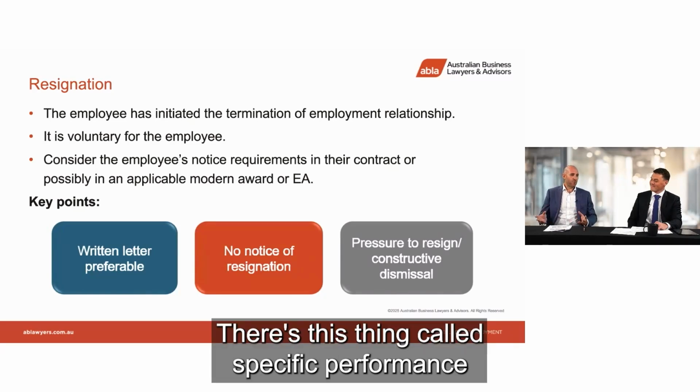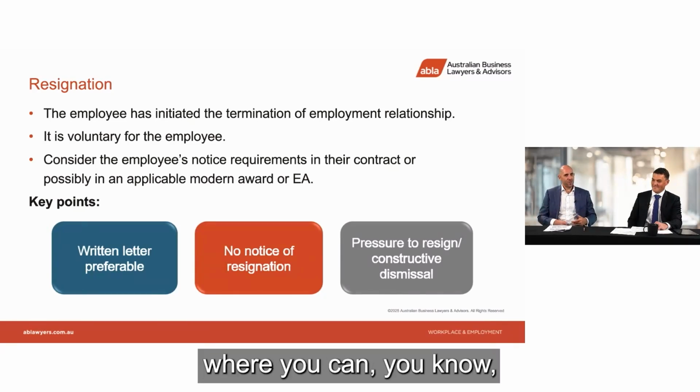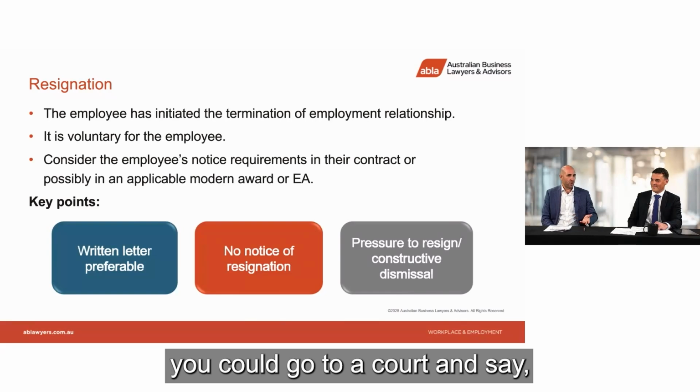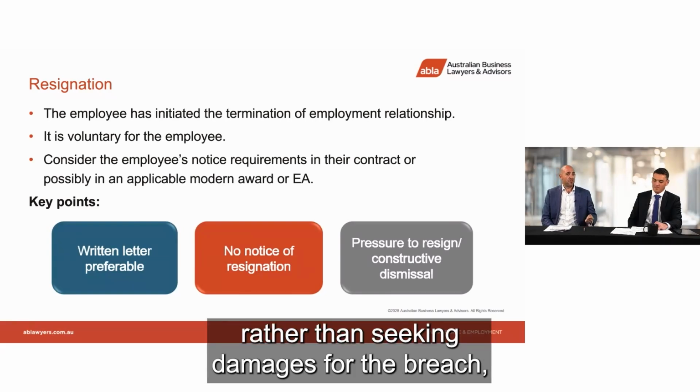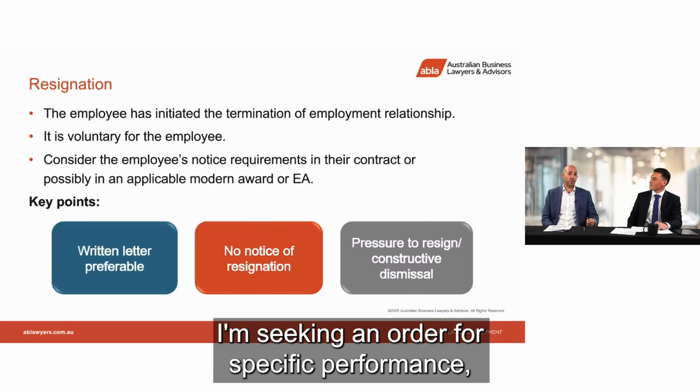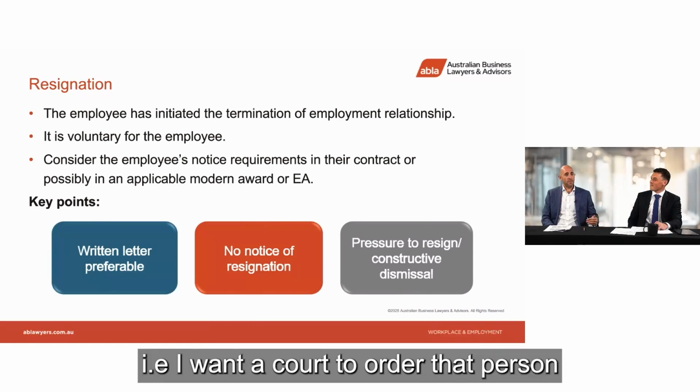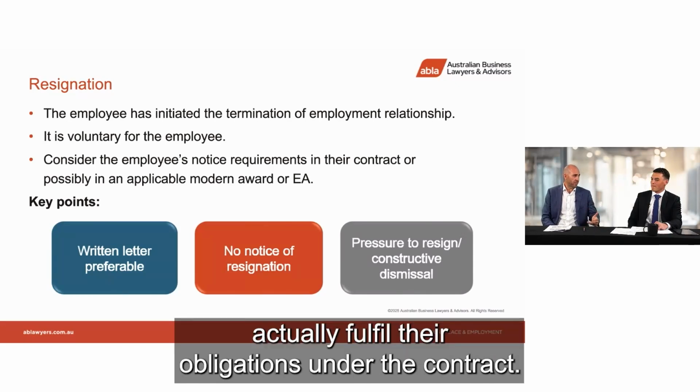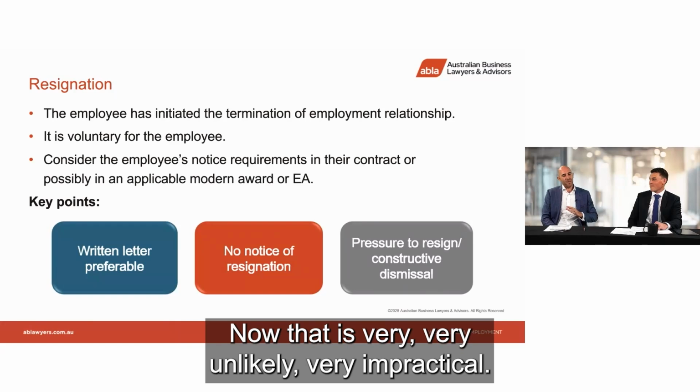There's this thing called specific performance where, technically speaking, you could go to a court and say, rather than seeking damages for the breach, I'm seeking an order for specific performance, i.e. I want a court to order that person actually fulfill their obligations under the contract. Now, that is very unlikely, very impractical.